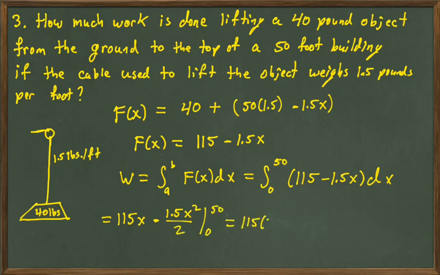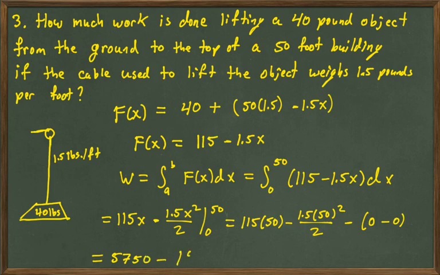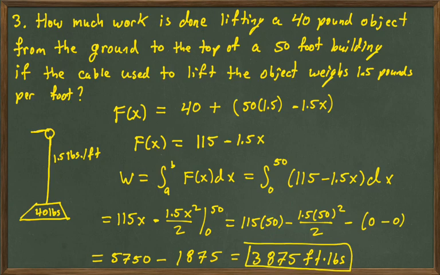So 115 times 50 minus 1.5 times 50 squared, all over 2, minus the lower limit, which is 0. So 3,875 foot-pounds is going to be the total amount of work done lifting not only the weight, but the cable.